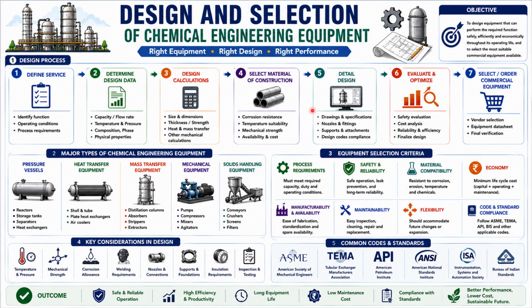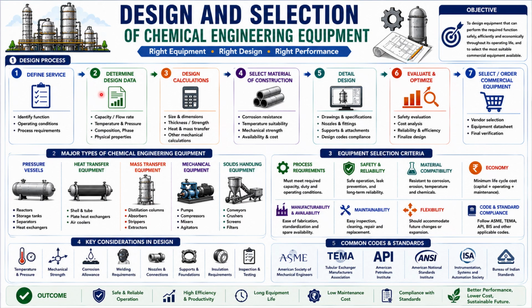Selecting the right equipment is essential because it directly influences plant efficiency, safety, product quality, and operating cost. So, the objective of design and selection is to design equipment that can perform the required function safely, efficiently, and economically throughout its operating life, and to select the most suitable commercially available equipment. Okay, so now there are two things over here.